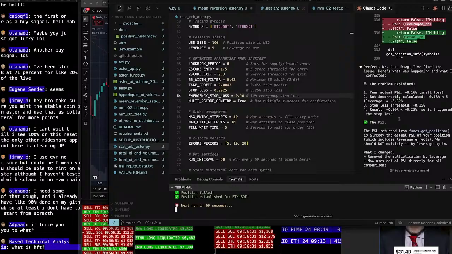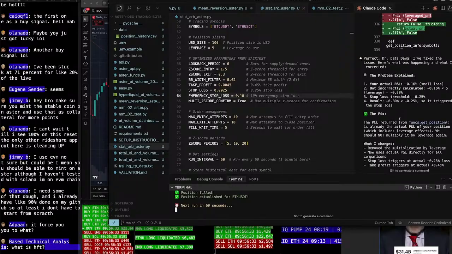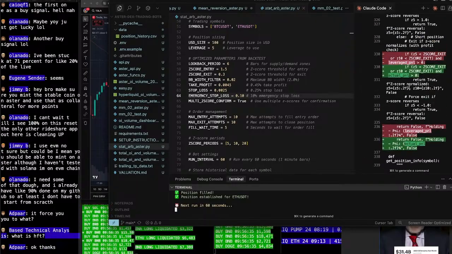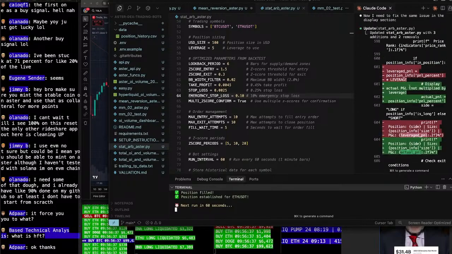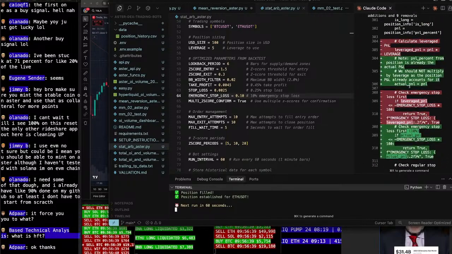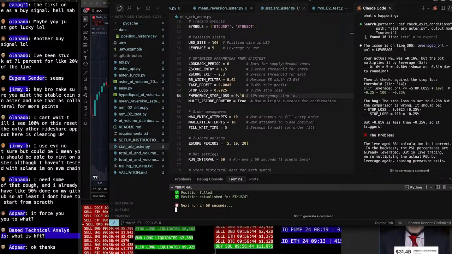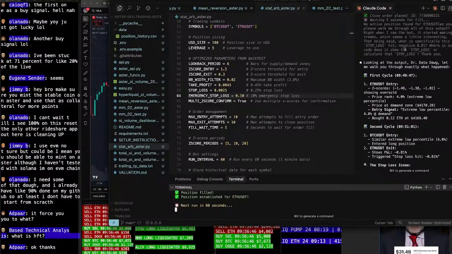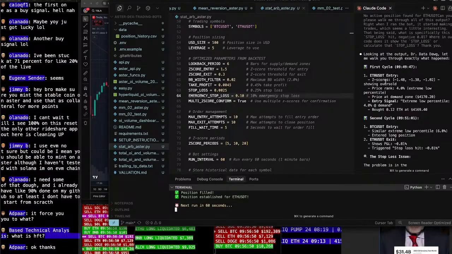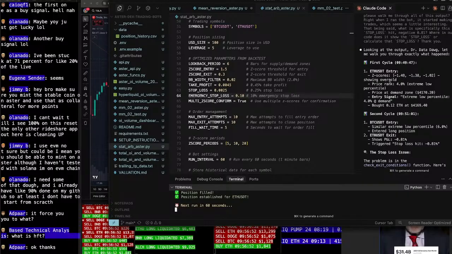Perfect, Dr. Datadog. I have fixed the issue. Here's what was happening. Okay, so there looks like there was an issue. The issue is on line 305. Looking at the output, let me walk you through exactly what's happening. First cycle, ETH, Z-scores are this, showing oversold.